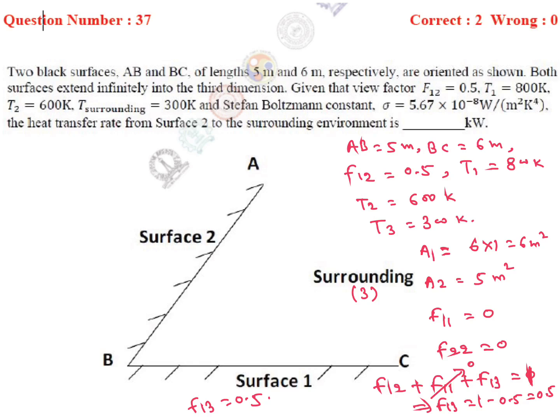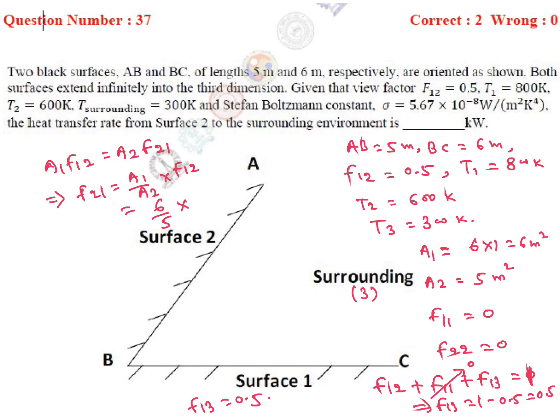Then use the reciprocity relation here: A1 into F12 equals A2 into F21. So F21 is A1 by A2 into F12. F12 we already got, given as 0.5.